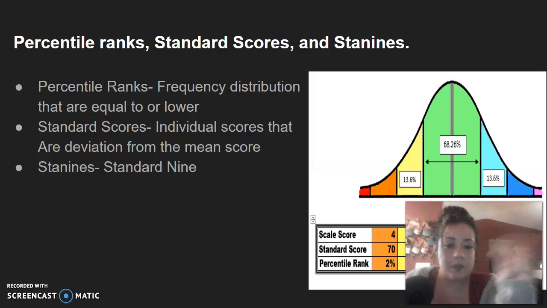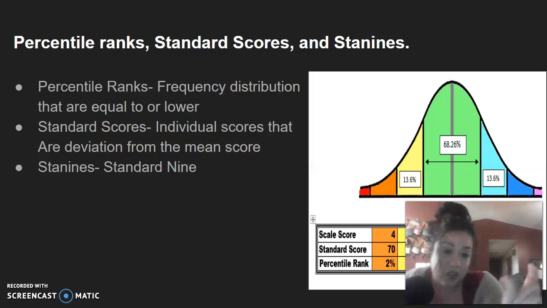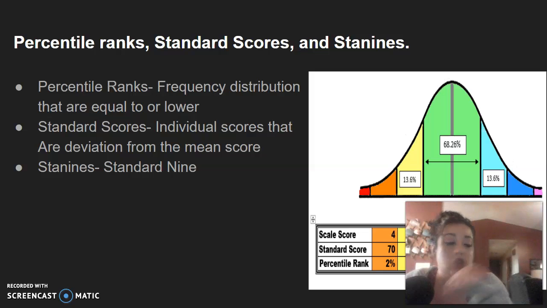So the standard score is the mean, percentile is the percent, and then the stanine or the standard nine scale is breaking down each one of those into a group of students.